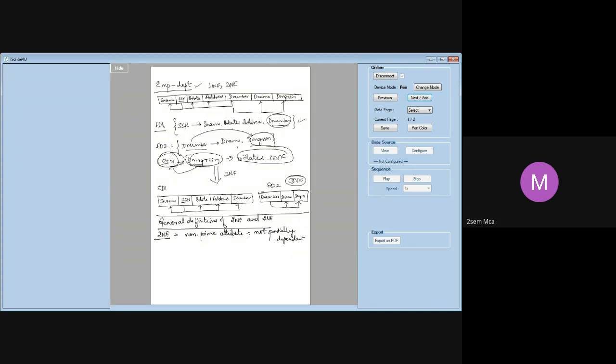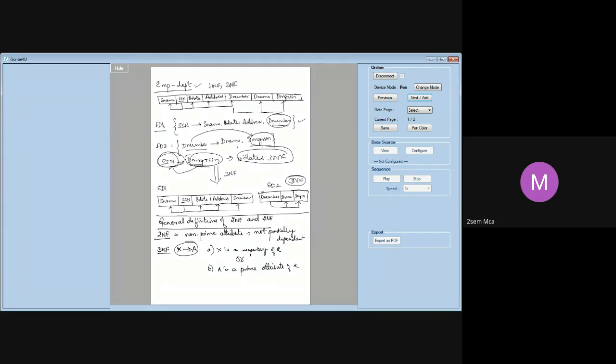A relation schema R is said to be in third normal form whenever you have a functional dependency like this, let us say X determines A, holds in R, then either X is a super key of R, or, note this difference, A is a prime attribute of R. Then we say that this relation schema R is in 3NF.